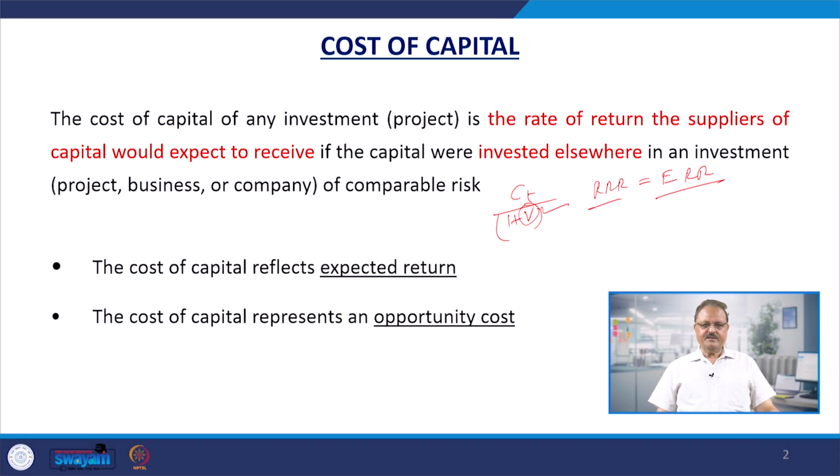It can come from the retained earnings if it's an existing firm investing part of its reserves or retained earnings into the new venture. It can come in the form of preference capital, or debt capital. So when multiple sources are there, you have to calculate the weighted average cost of capital. That would finally become our discount rate, R.